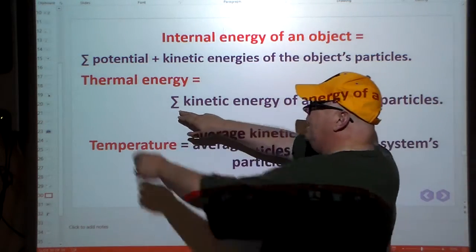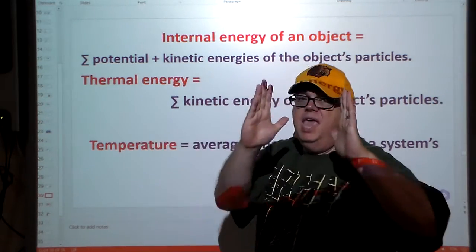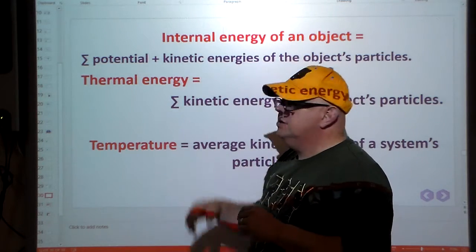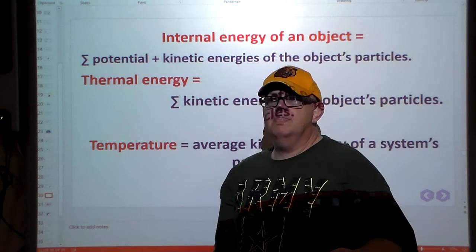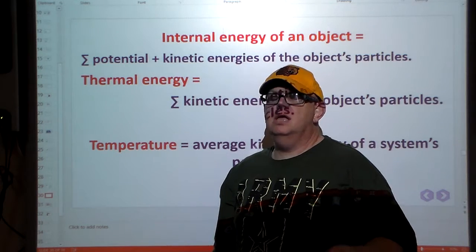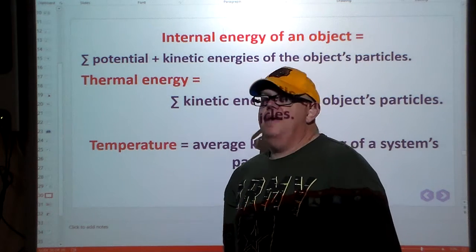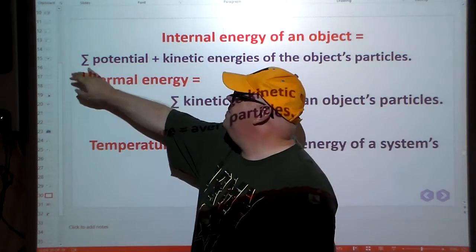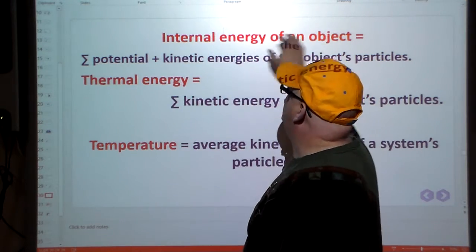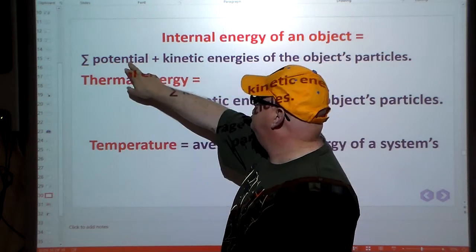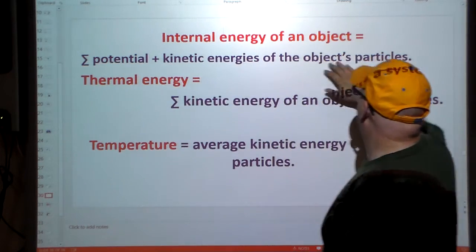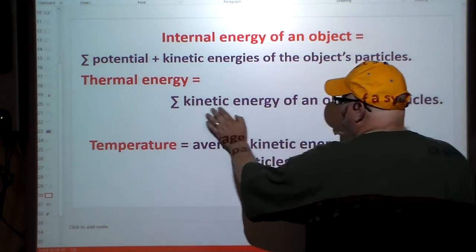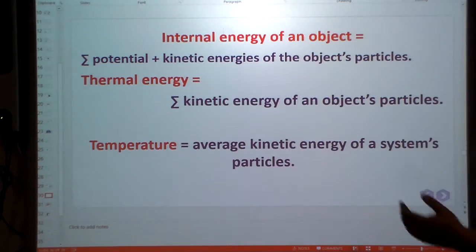That funny little symbol that you see there that looks like a big M that's been tilted on its side, okay, that's called sigma. Sorry, did I get that right? It's the summation of. I think the math teachers will correct me on that one. But this just basically means it's the summation of. So internal energy of an object, it's the summation of potential plus kinetic energies of the object's particles. Thermal energy, we look at the summation of the kinetic energy of an object's particles.